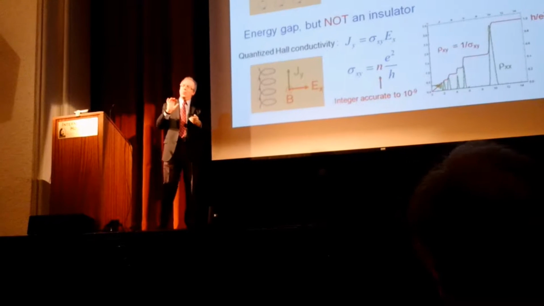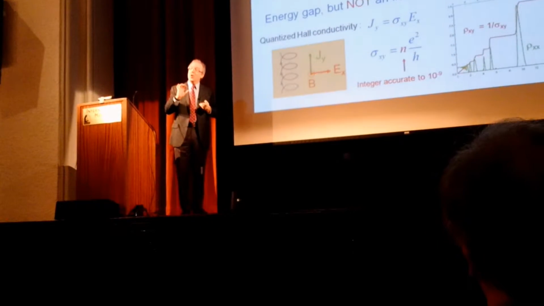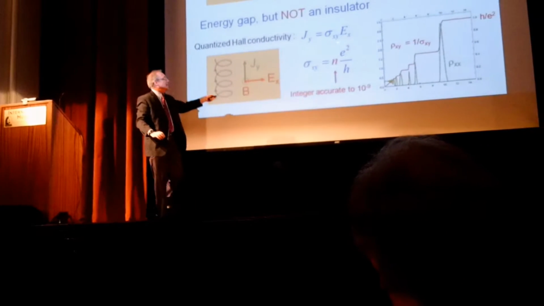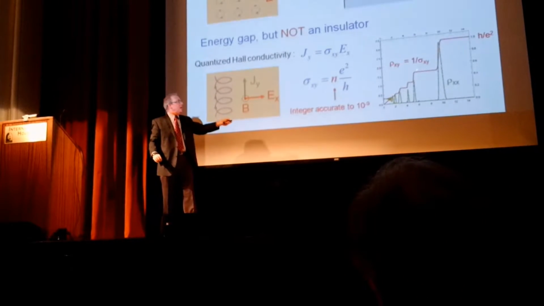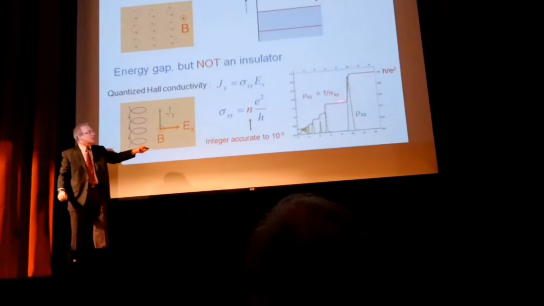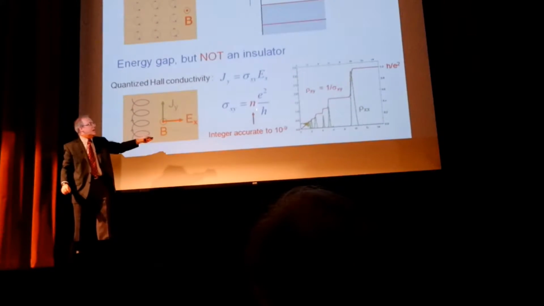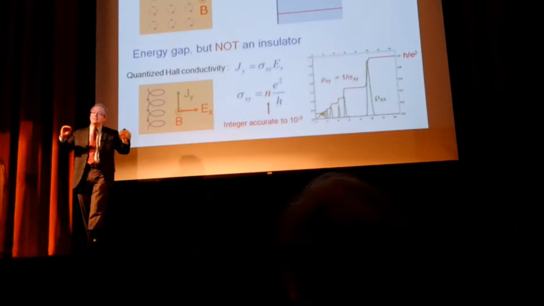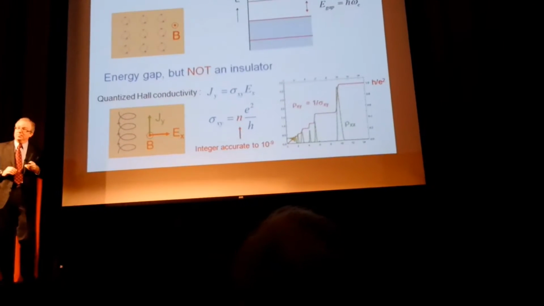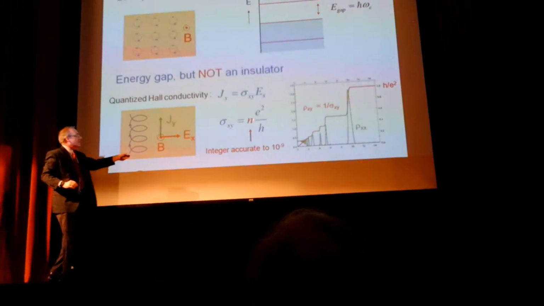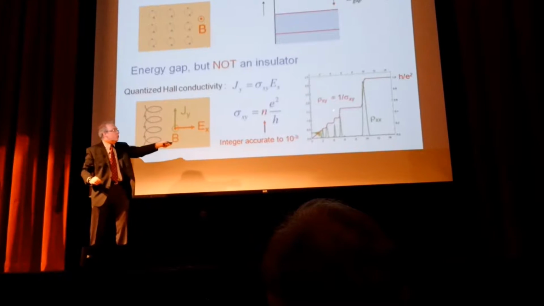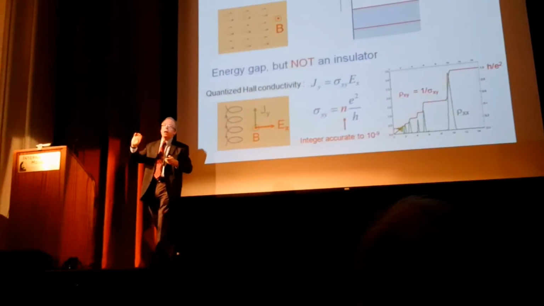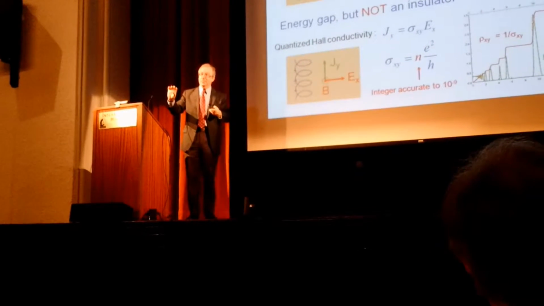And it's a truly remarkable fact that if you measure this Hall conductivity, which is something that one can measure in the lab, you find that its value occurs in quantized values, which are quantized in units of this combination of fundamental constants that has exactly the right units to be a conductivity. And this integer, which you measure by looking at the values on these plateaus, can be measured to 1 part in a billion.